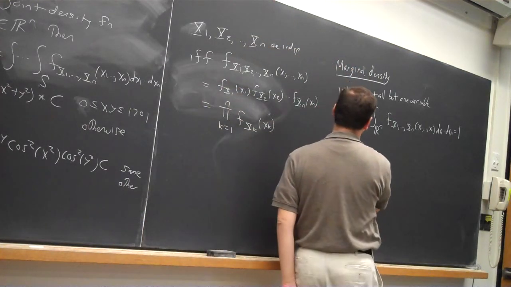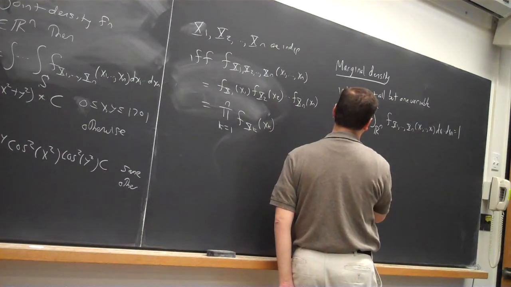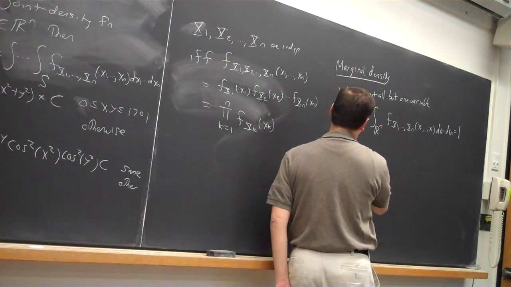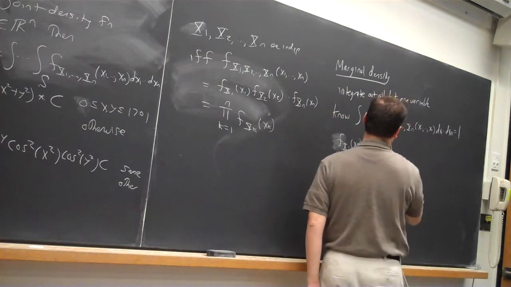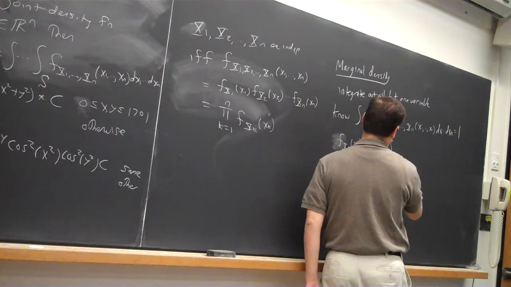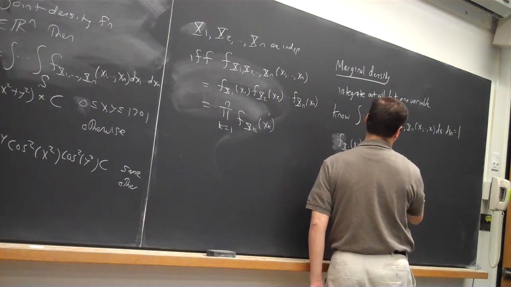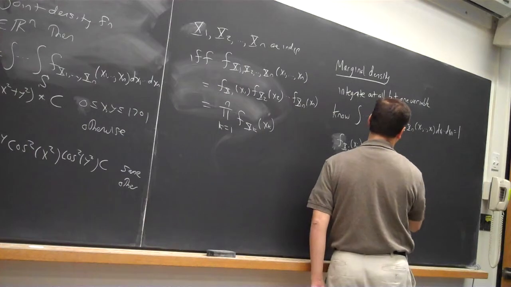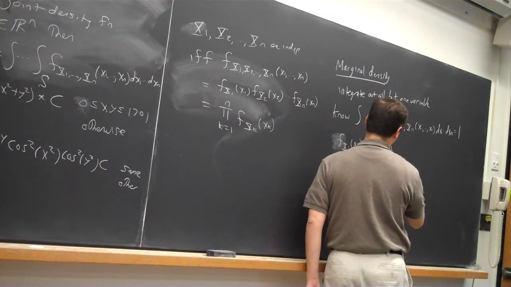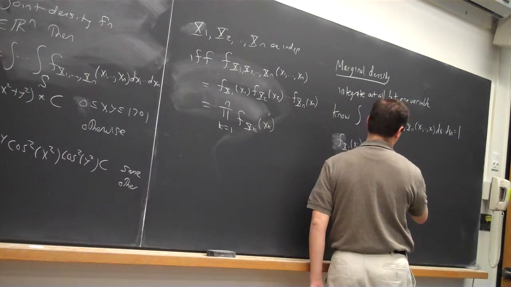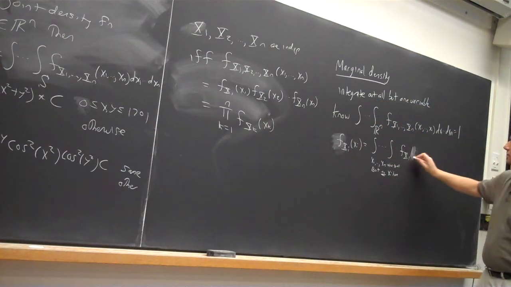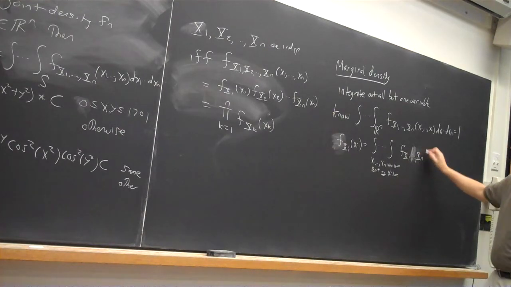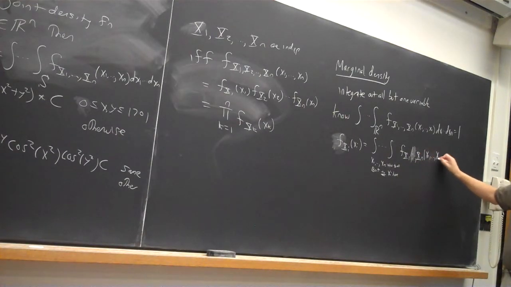So we can let f_{xi}(xi) be the integral, with x1,...,xn going from minus infinity to infinity, but no xi here, of f(x1,...,xn) dx1...dxn.